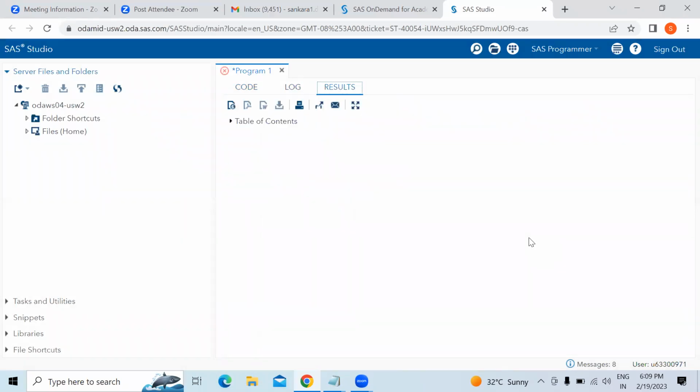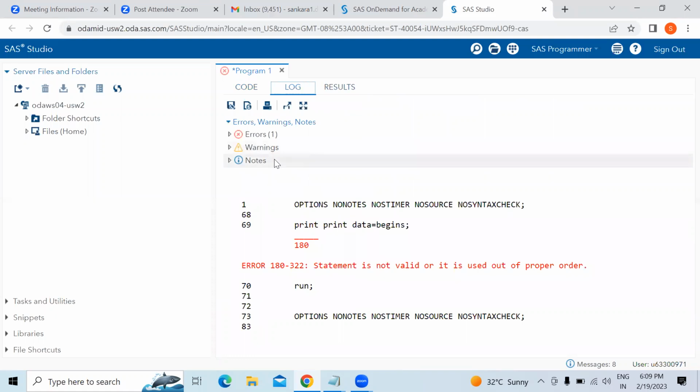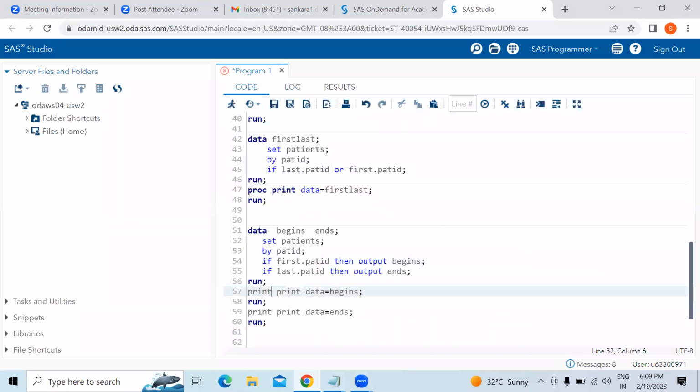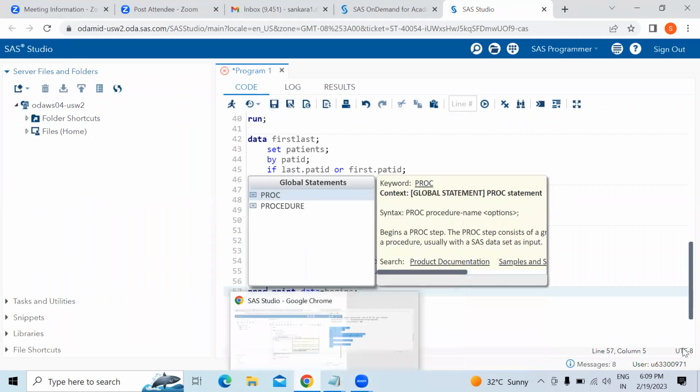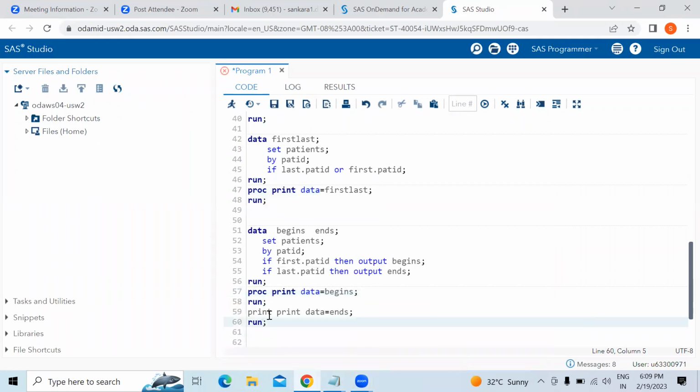Proc is not correct, sir. The proc statement is missed here, and here also.